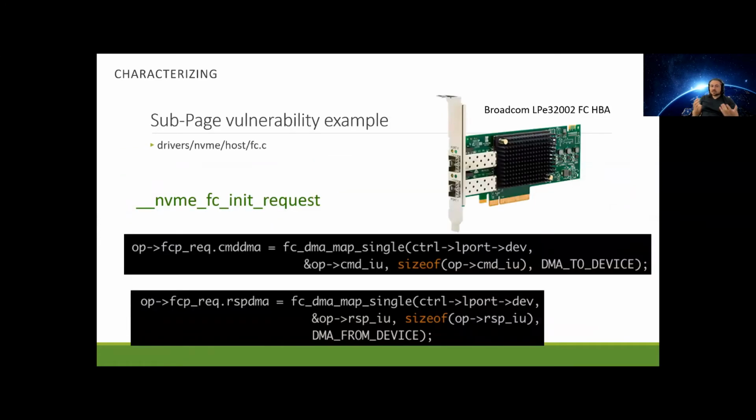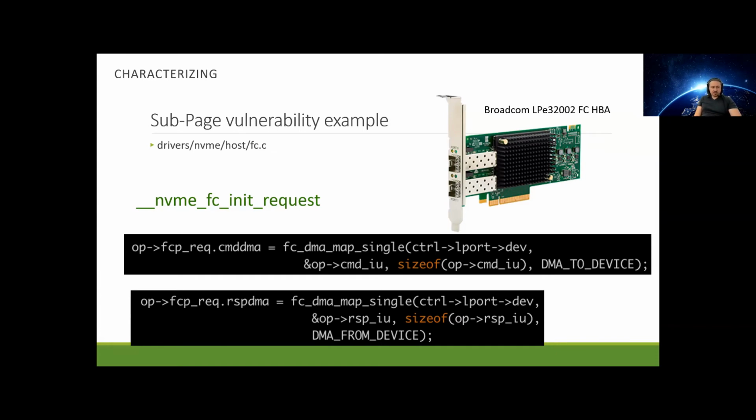So let's see an example of something live. One example is the NVMe Fibre Channel driver. In the init request, when the host wants to read or write something for a storage device via the Fibre Channel, the communication happens via DMA.